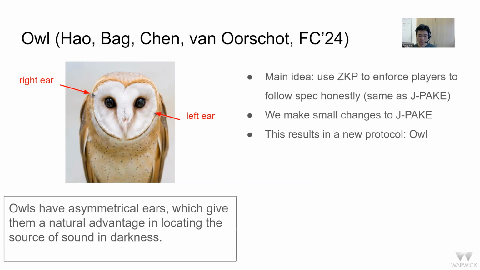Because the security of JPAKE is well established, the strategy here is to make minimum change to JPAKE. But still, this results in a new protocol called OWL. We name the protocol OWL because the owl is one of the few animals in nature that have an asymmetric body shape. And in this case, the protocol is asymmetric.